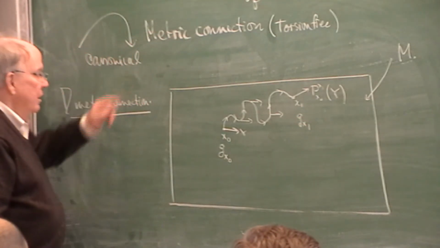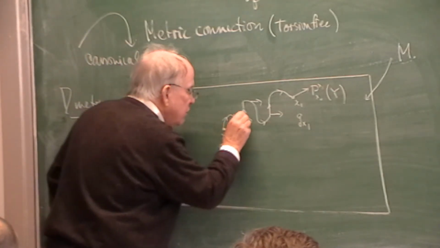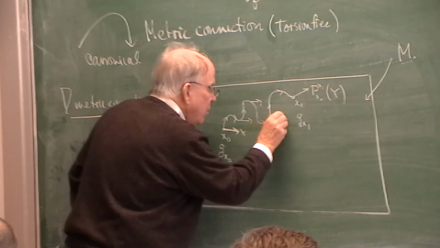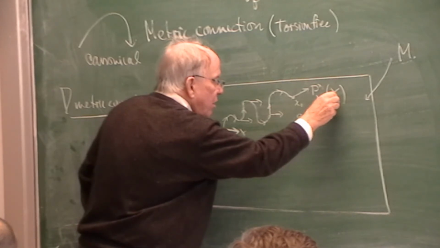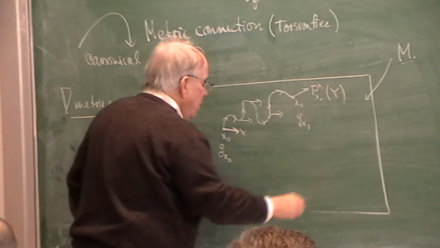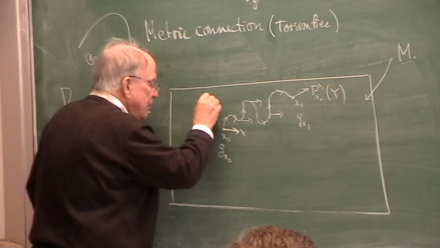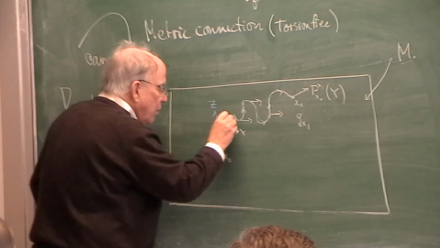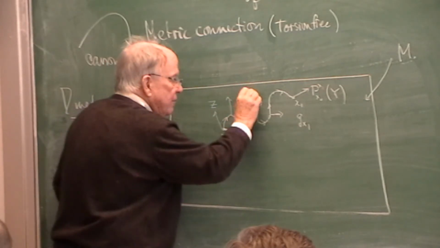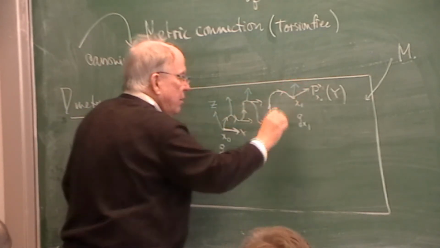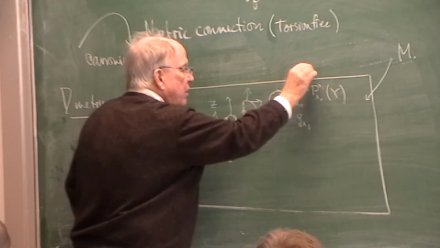Now I have a connection that tells me how to take a vector here, move it along this curve, and get a vector there. Well, if I take a z here, I'll move it along, parallel transport, using this connection. I get a parallel transport from x0 to x1 along the curve.